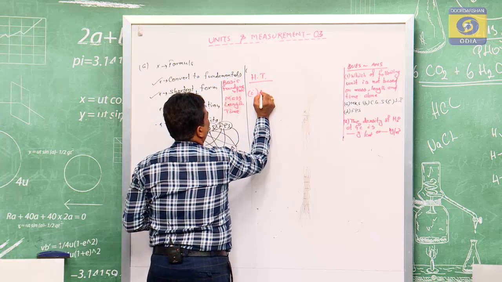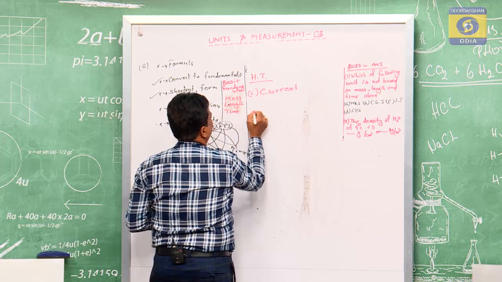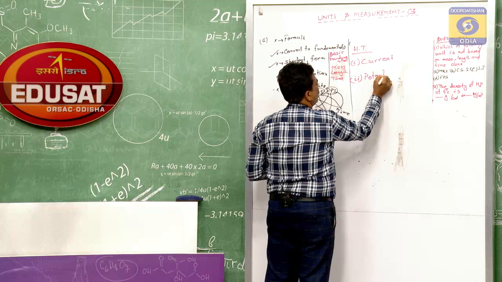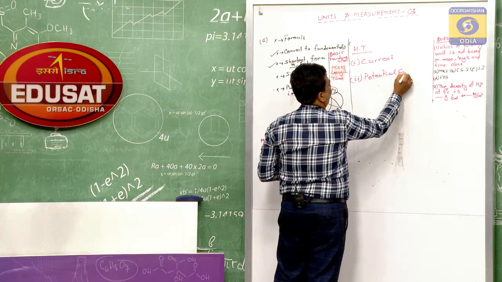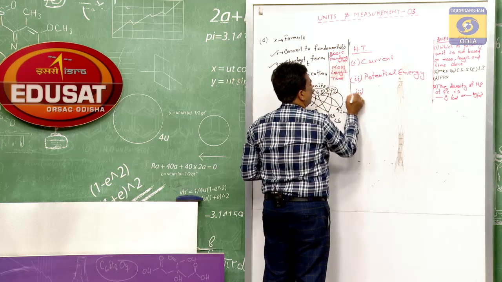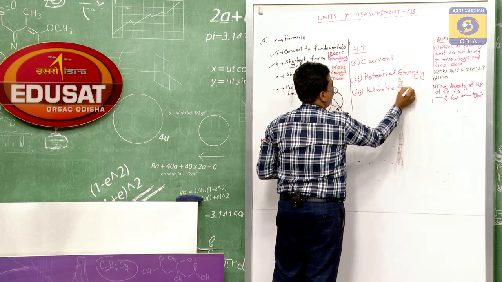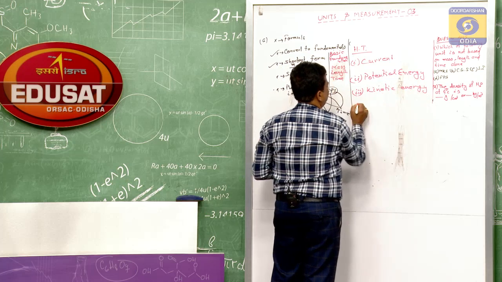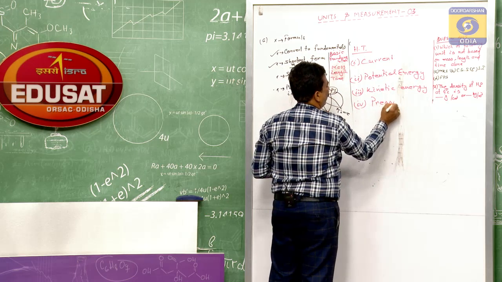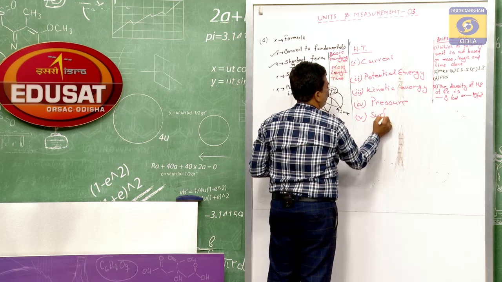One is current, second is potential energy, third is kinetic energy, fourth is pressure, and the fifth is surface tension.